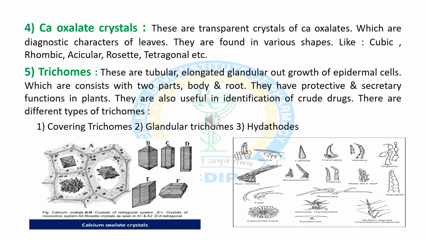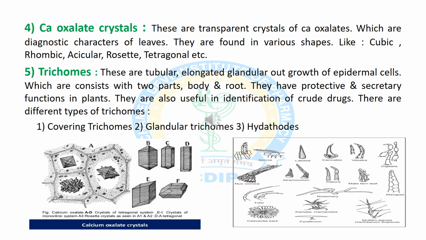They are found in various shapes like cubic, rhombic, rosette, tetragonal, etc. What are the trichomes? These are tubular, elongated, glandular outgrowths of epidermal cells, which consist of two parts. First is body and second is root. They have protective as well as secretory function in plants. They are useful in identification of crude drugs.